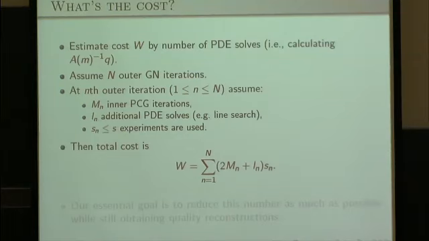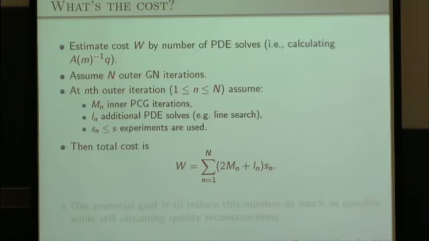So in fact, now finally we can estimate the cost of the operation, and that is exactly what I'm trying to minimize here. So what is the cost? Let's call it W. The essential thing we do is solve PDEs, and so that would be a unit, a work unit, if you wish.